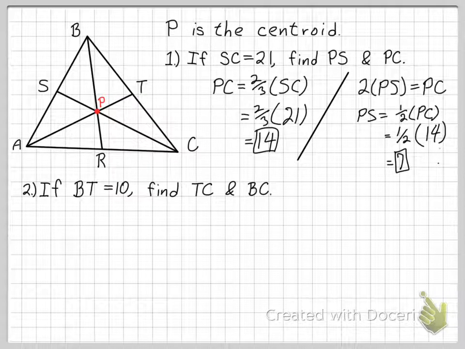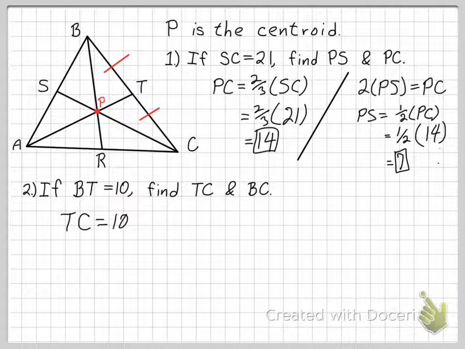Okay, so we know that BT is congruent with TC, right? Because this is a median, and by definition, this point T must be the midpoint. So we have BT equal to CT, and if BT is equal to 10, then TC must be equal to 10.